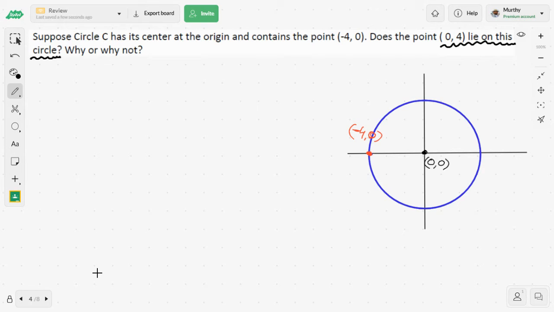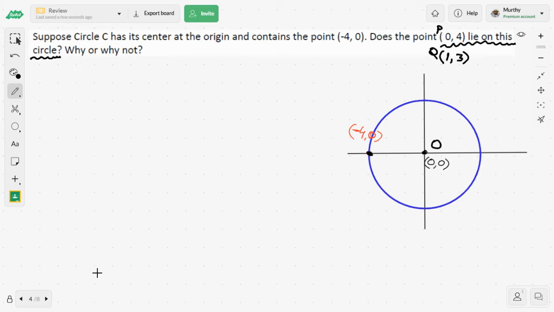Instead of 1 point, let me take 2 points, 1 and 3. Let me name them as point P and point Q. So let's check for both the points. I don't know whether these points are on the circle or not. So let me assume that the points are somewhere. I don't want to mark them.